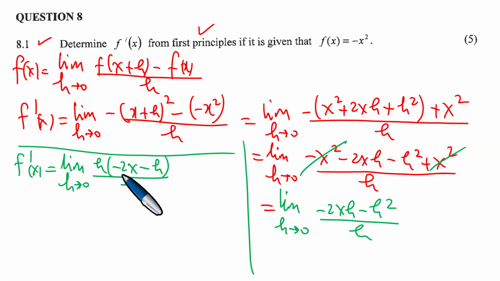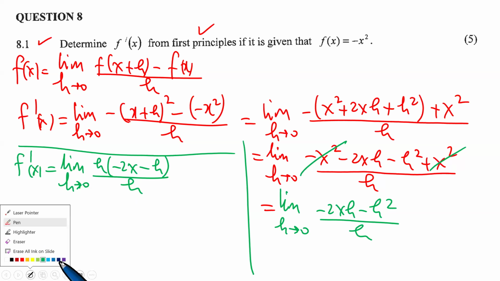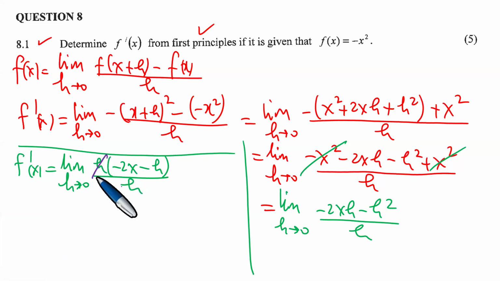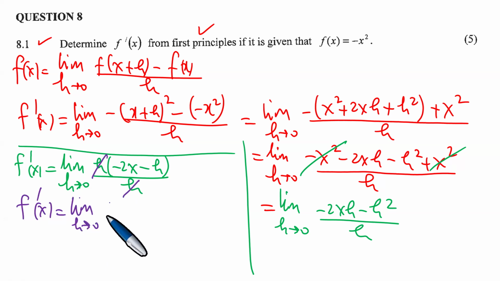So we continue. At this point, a cancellation law applies, so that f prime of x is the limit as h tends to 0 of minus 2x minus h.